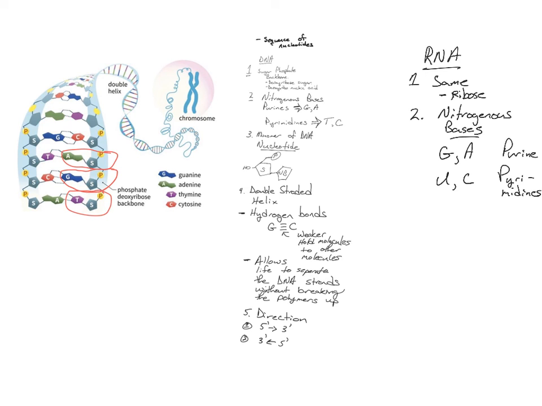But an interesting change is that RNA has no T in it. So if you see a polymer that has T in it, you know it's DNA. If it has a U in it, you know it's RNA. Three, the monomers are the same. Four, RNA is single-stranded. Five, it does have direction.